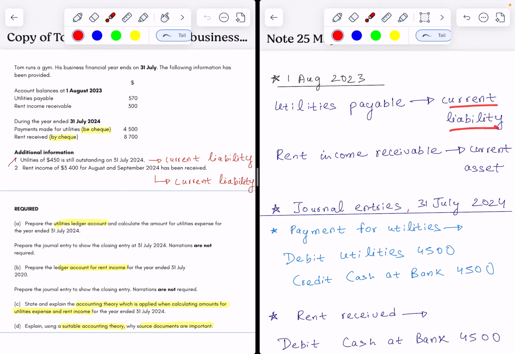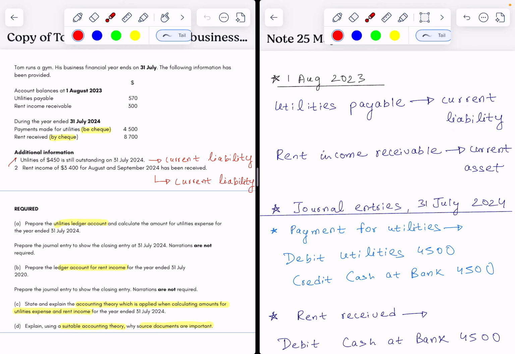This refers to an expense which we have incurred in the previous financial year ending 31 July 2023, but we have not paid this expense using our cash or our funds available in the bank account. Therefore, this is a present obligation on 1 August 2023 and fits the definition of a current liability.